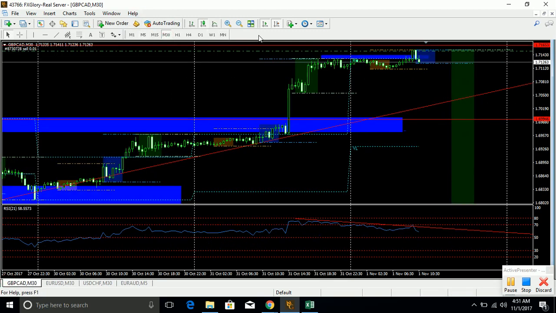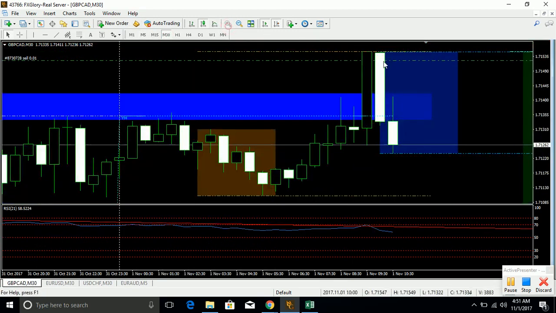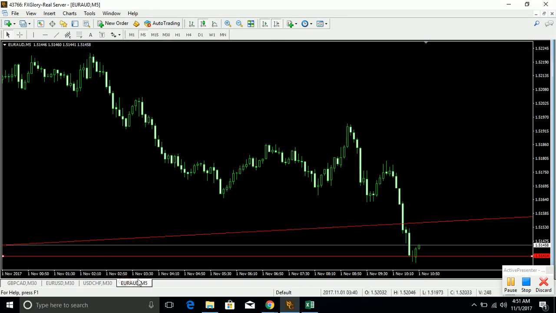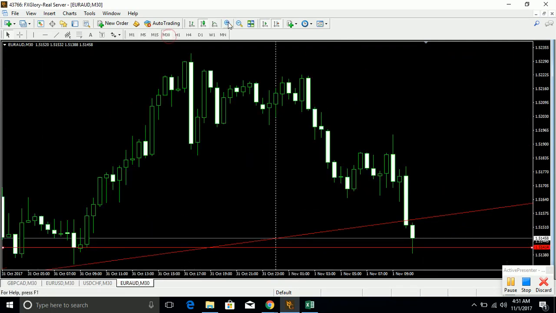This here is a bearish engulfing on the 30-minute on the pound CAD. And we have a bullish pin on the Euro Aussie 30-minute.